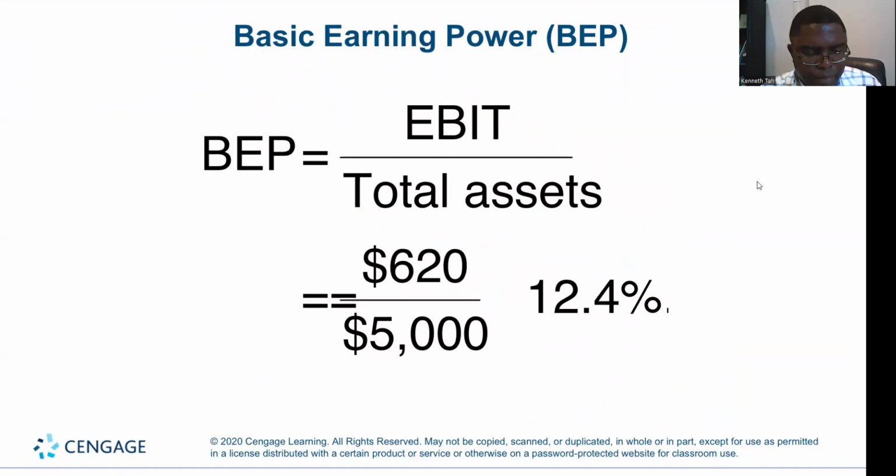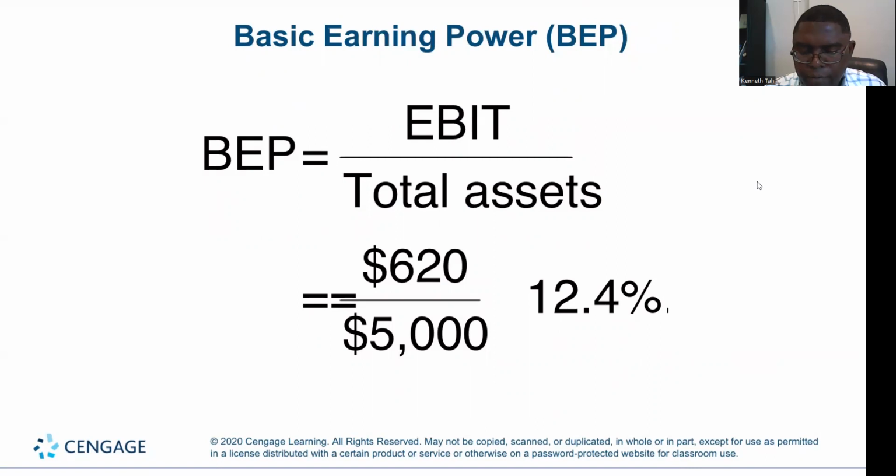The basic earning power. This ratio shows the earning power of the firm's assets before the influence of taxes and leverage. The formula in calculating the basic earning power is earnings before interest and taxes divided by total assets.